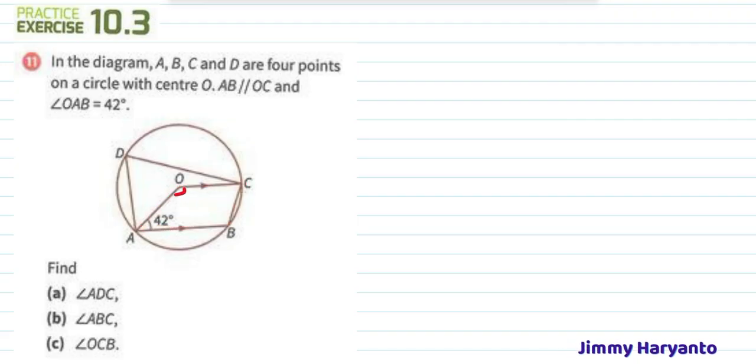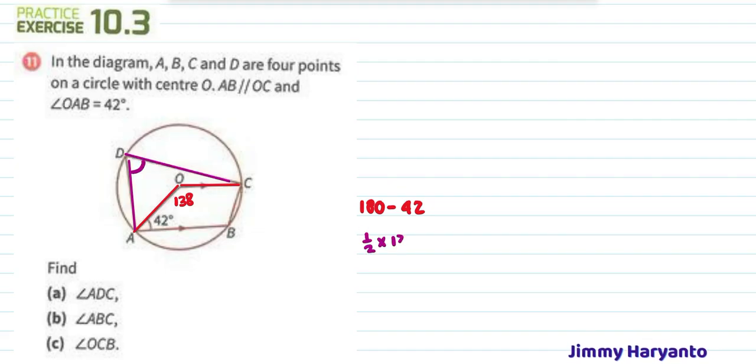So to find this one, you only have to subtract 42 from 180, which equals 138. So this one is 138. This is the center angle, and this is the corresponding circumference angle. That means this one is half times 138. The result is 69. This one is 69.